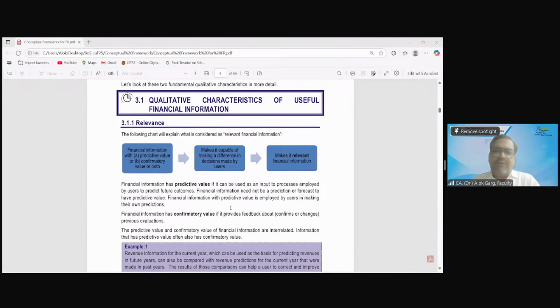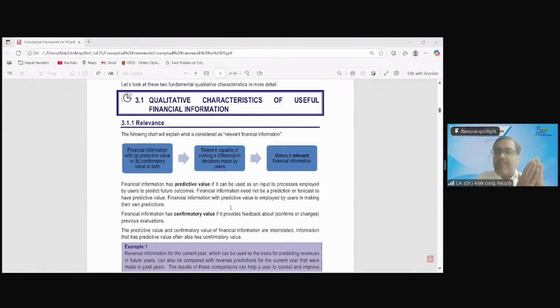So friends, for example, when you are looking at the financial statement, the financial statement provides you the comparative numbers and the current year number.